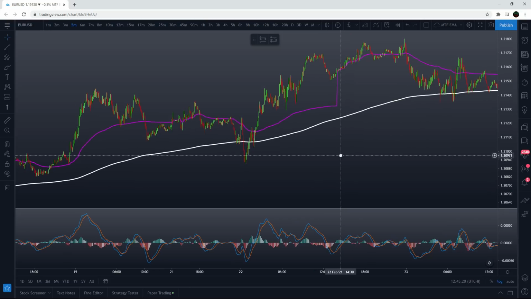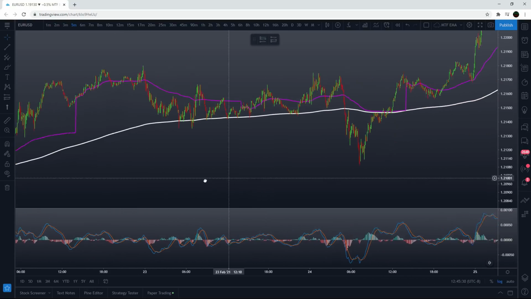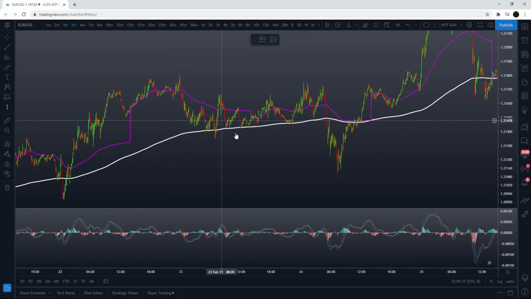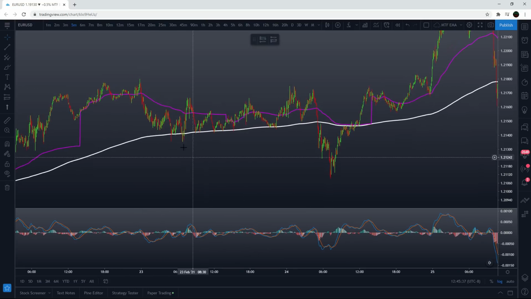You can make it an art project, but as long as you're following the rules of the 600 period EMA and the VWAP, you're going to be much more successful. And look how choppy it is here. But still, if you're looking for a long only once it comes down here, because you're having some sort of entry criteria, you're going to be much more successful. Maybe you can catch some of these spikes.